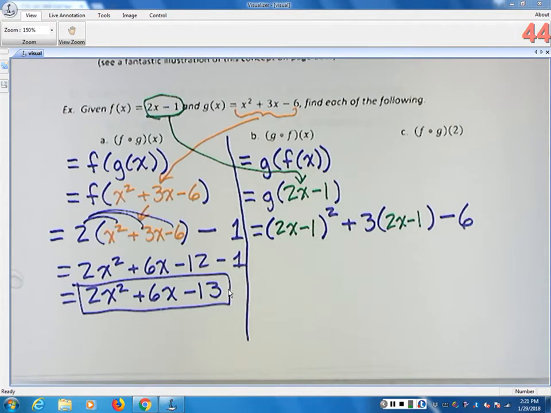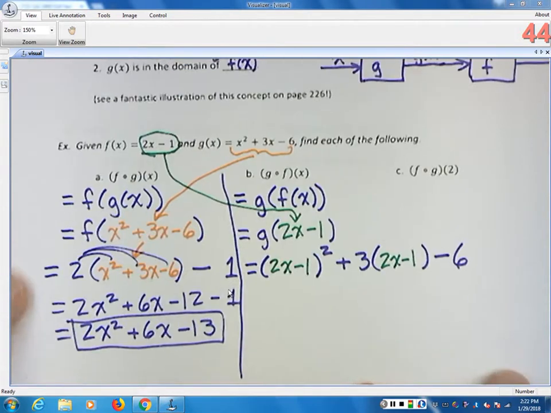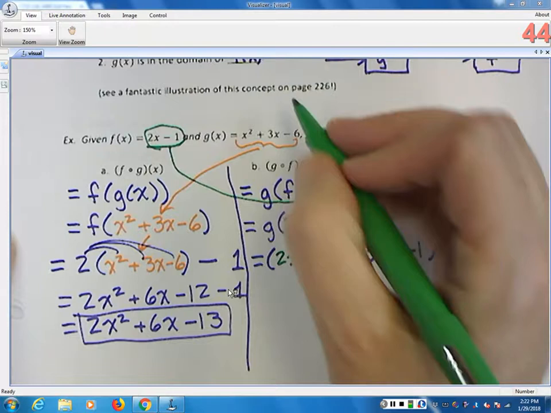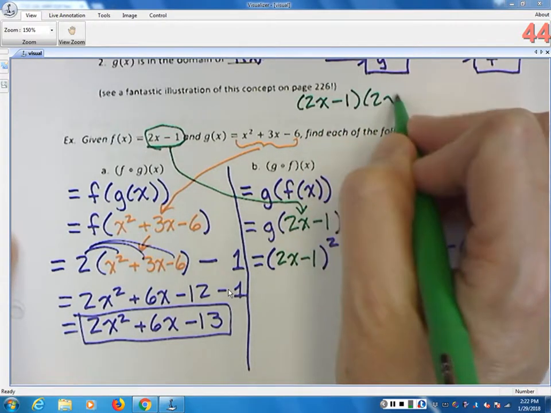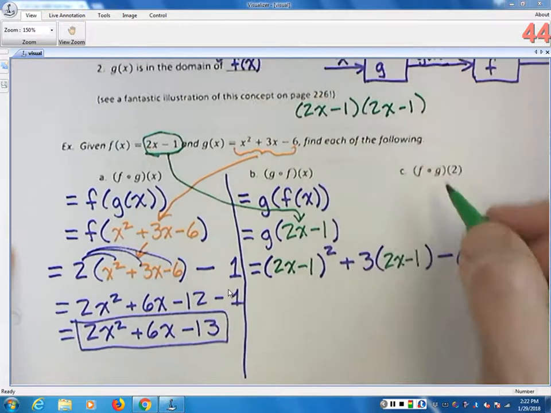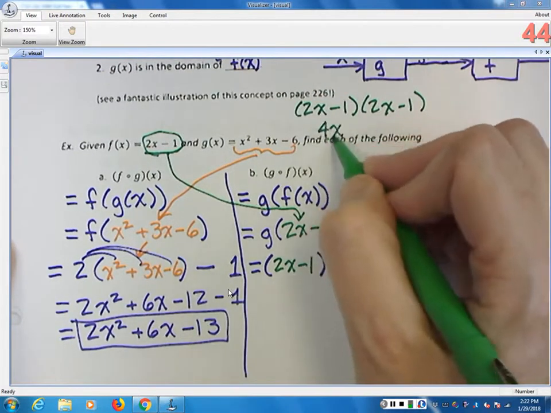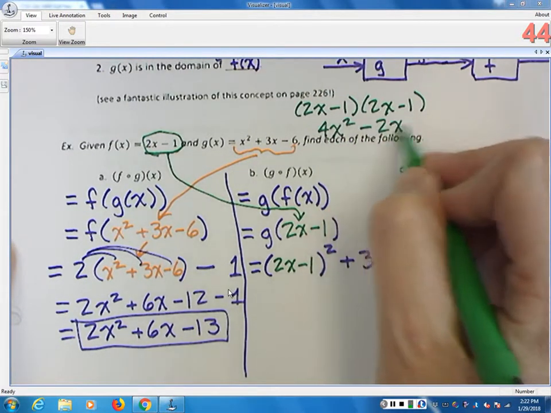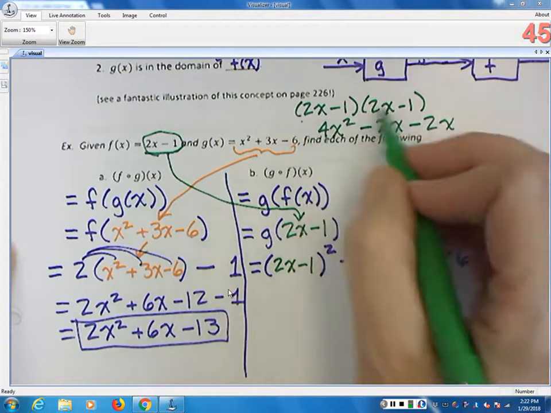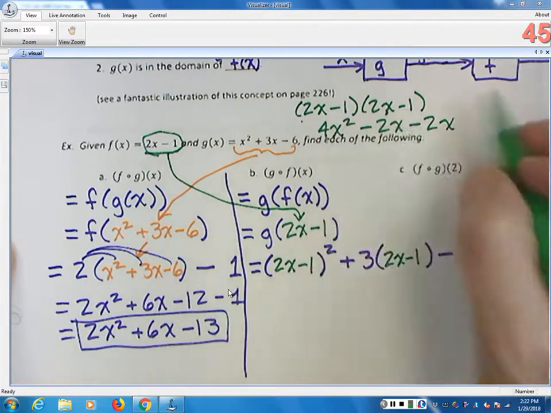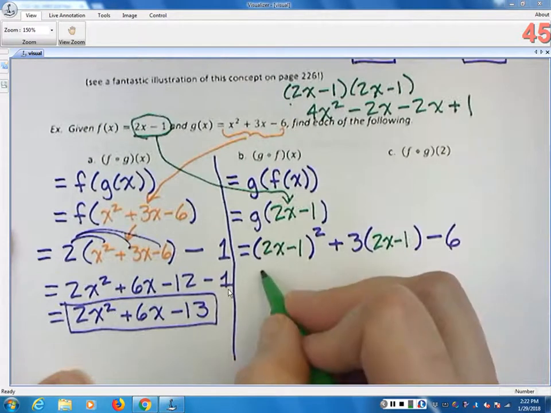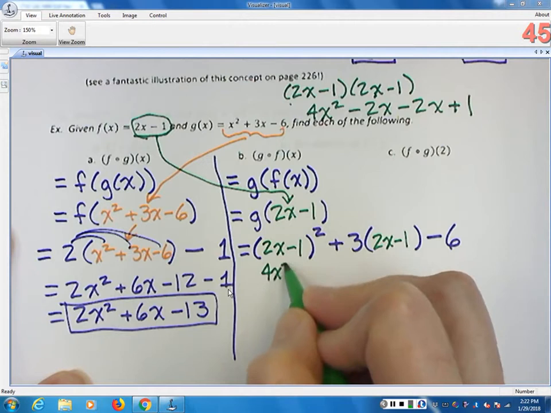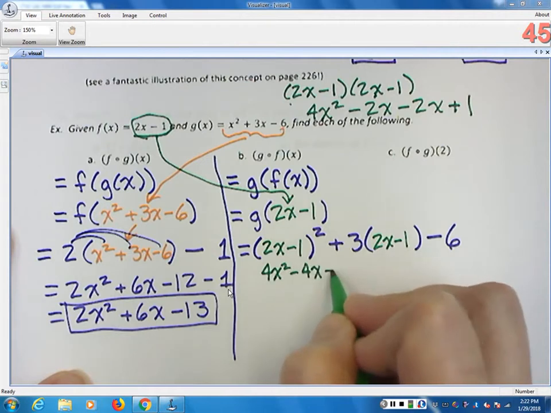Okay? Now, if you need to go off to the side and write 2x minus 1 squared, or 2x minus 1 times 2x minus 1, and figure out that that is 4x squared minus 2x minus 2x. It's the outer term, the inner terms, and then the last term. Combine those, and you get 4x squared minus 4x plus 1.